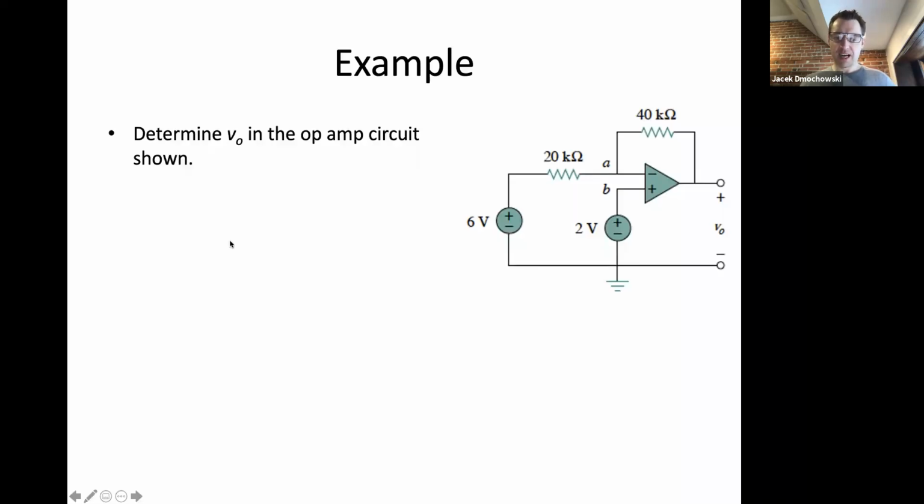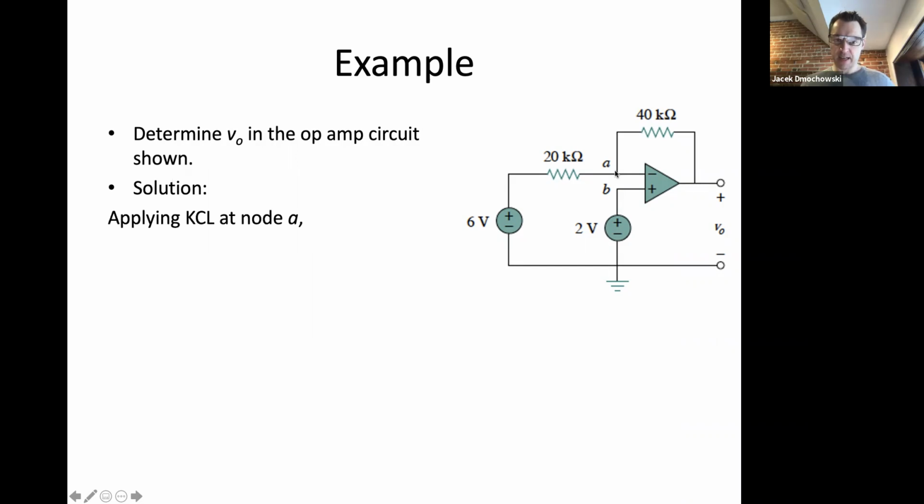Minus 12. These are very good guesses. Let's actually work it out. I understand why you're thinking it's going to be minus 12, because the gain is going to be minus 2, minus 40 over 20, multiplied by 6. So let's work it out and see whether your intuition is right here.